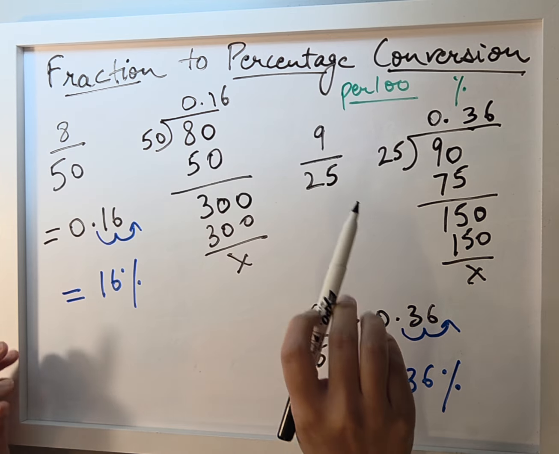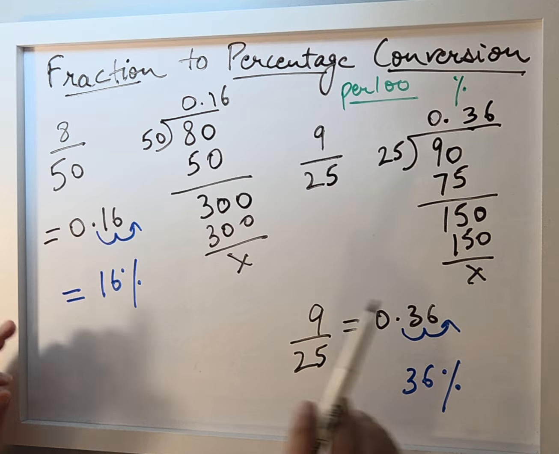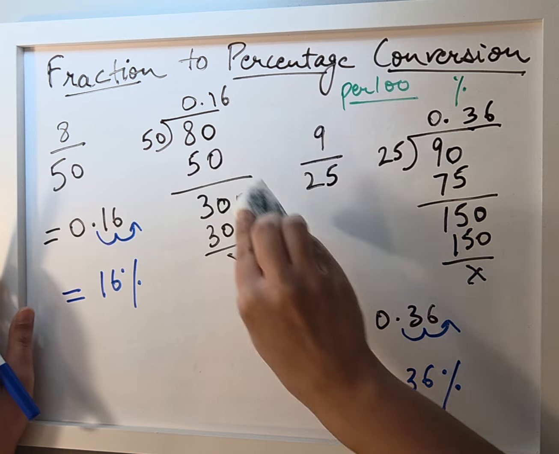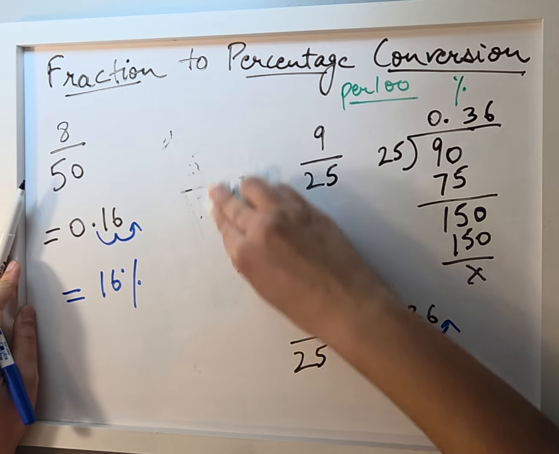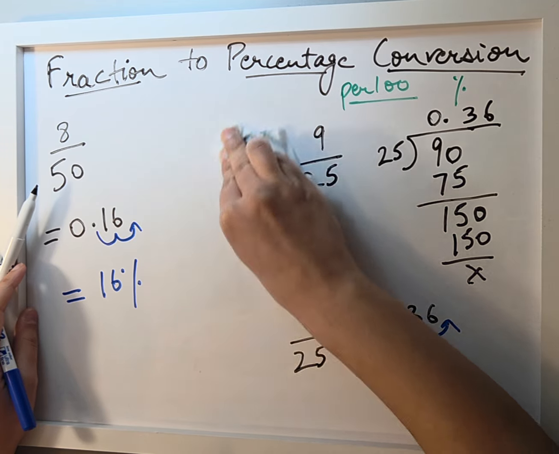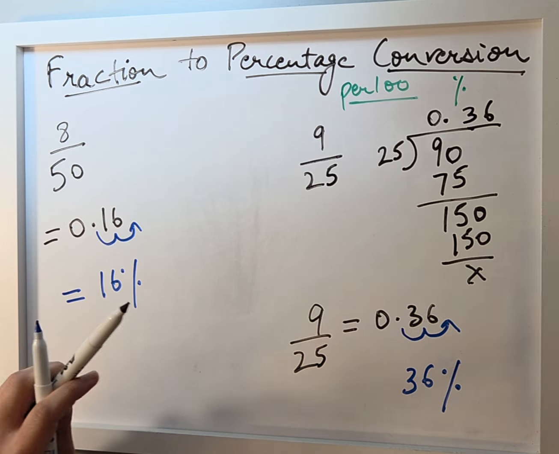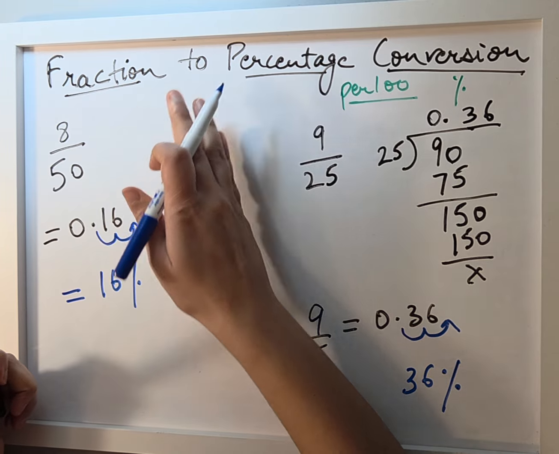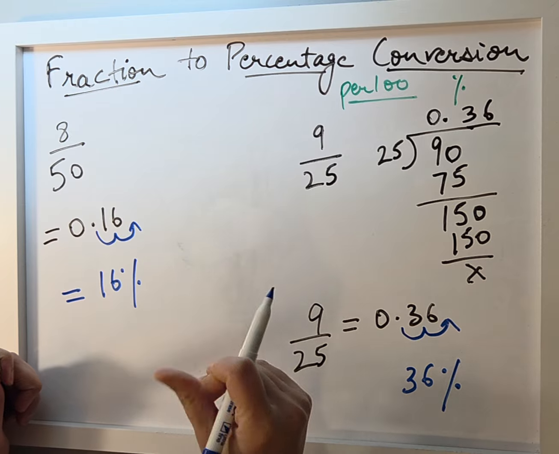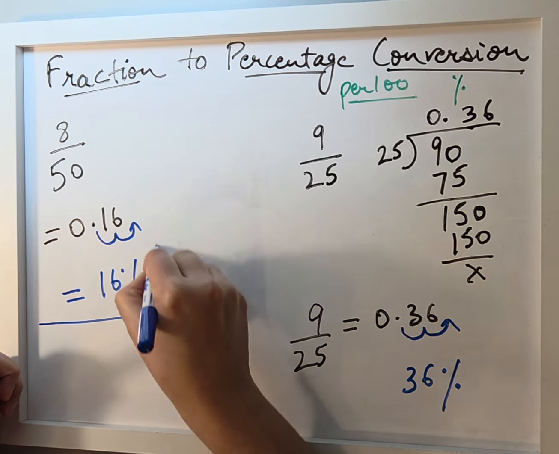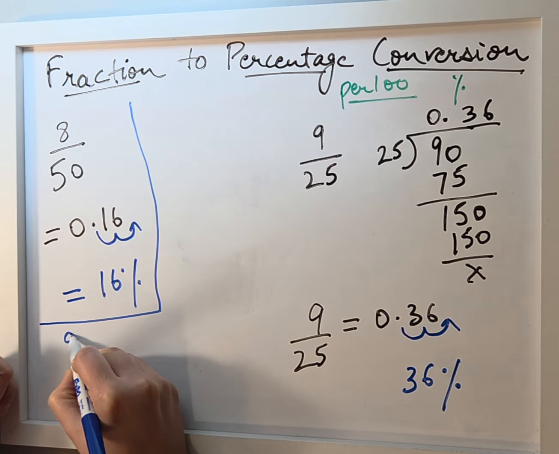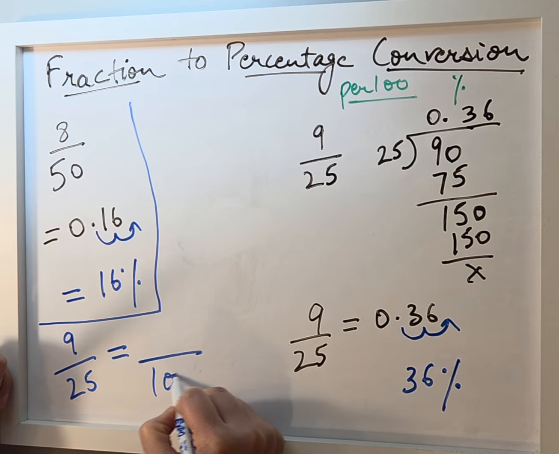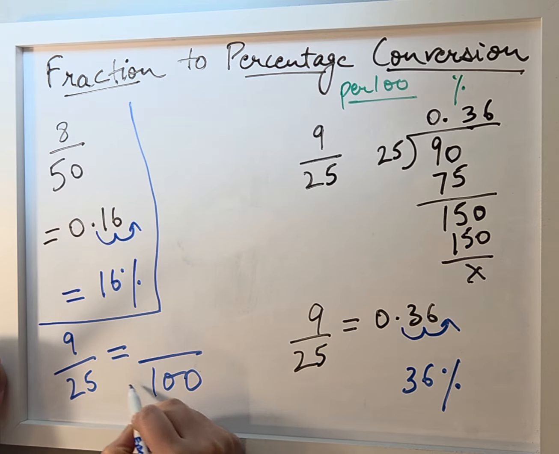If I had to solve the same thing, 9 by 25, with the first method that we did, we try to make this an equivalent fraction. For 9 by 25, we have to make the denominator 100.